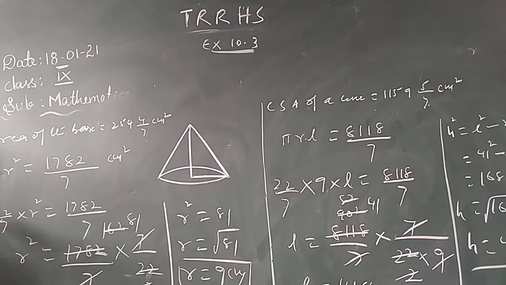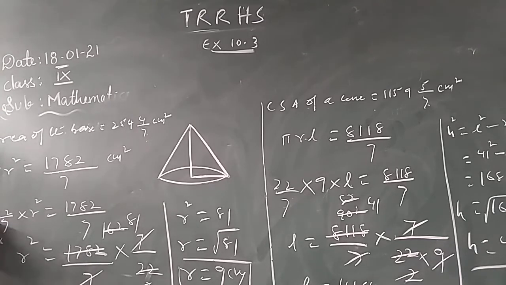You multiply all these, 360 into 66, and get 23760 by 7. When you divide it by 7, we get the answer here, in cubic centimeters.